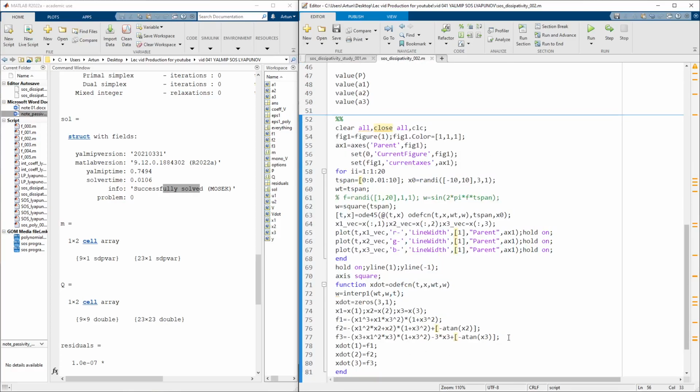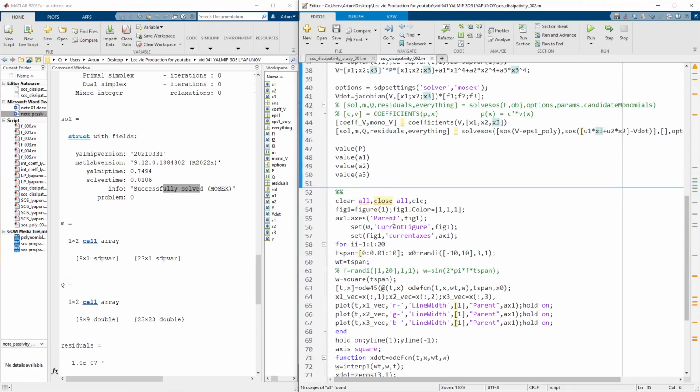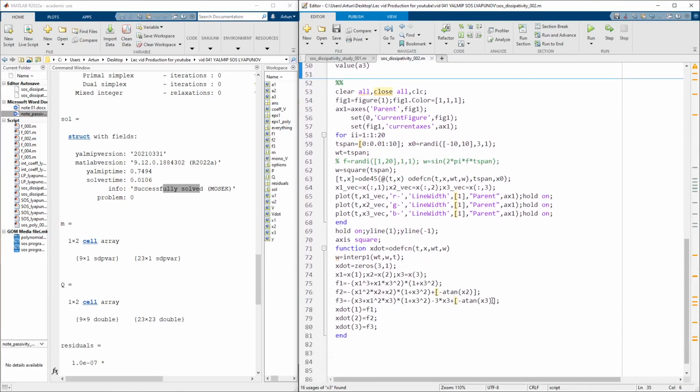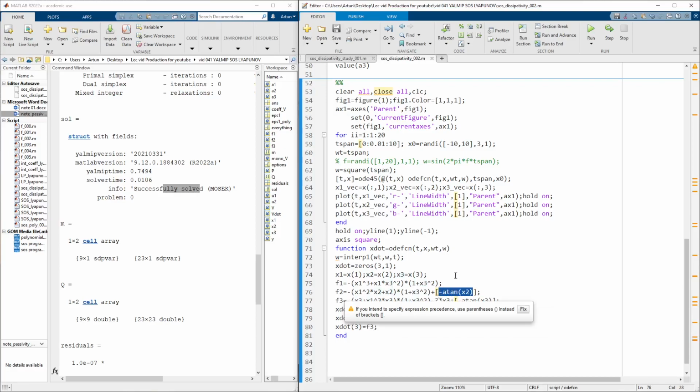This is again the same logic. Since we have 2 inputs, these are u1. Let's look at this. This is our u1, and y1 is x3. These are the first output, these are the second output. This expression is our first input, this expression is our second input.